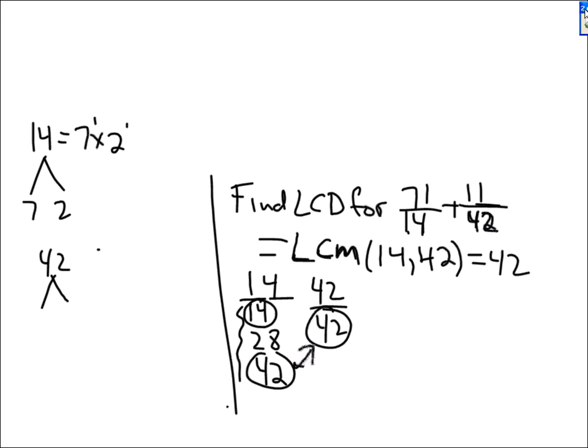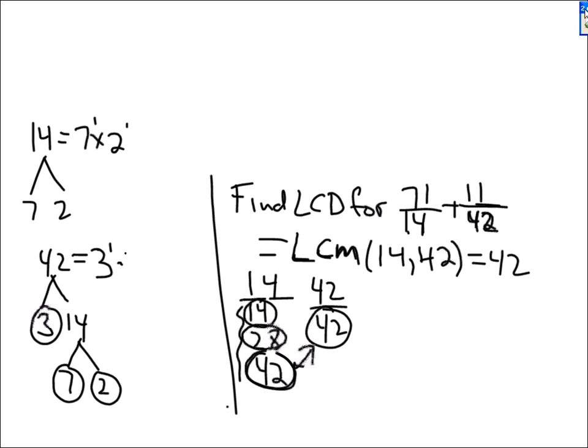This was 14 times 1, 14 times 2, 14 times 3. Okay, 3 is prime, 14 is not. It's 7 times 2. So 42 is 3 to the 1 times 7 to the 1 times 2 to the 1.